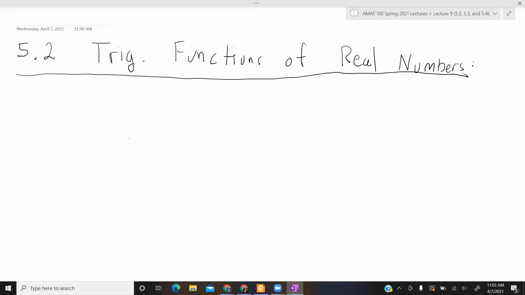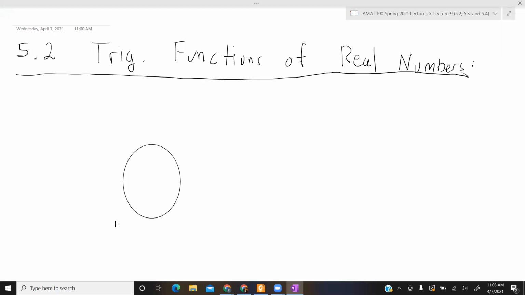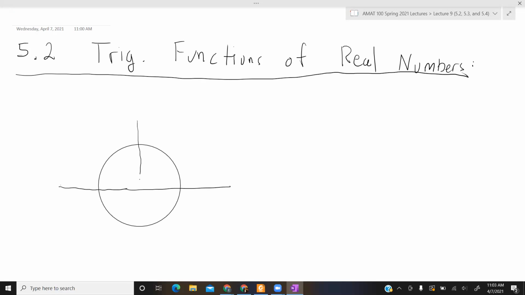So the idea is, let's see if I remember how to do this. There we go. You have the circle, and we generally think about it as living on the plane, but if you take a point, this point right here, and just fix this point, so this point is (1, 0), as a reference point, and if we just think about our universe as just the unit circle itself, we live on the unit circle, we can only move on the unit circle.